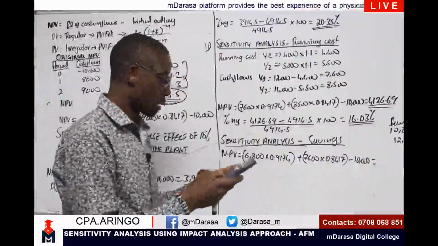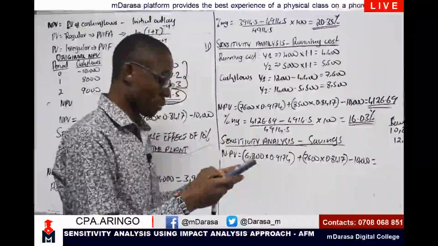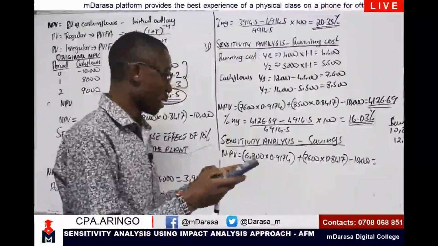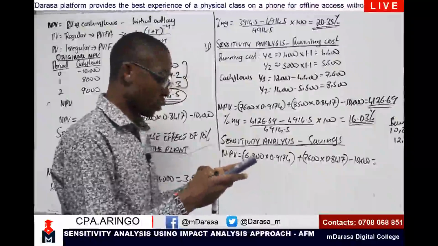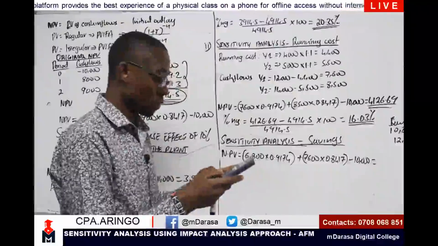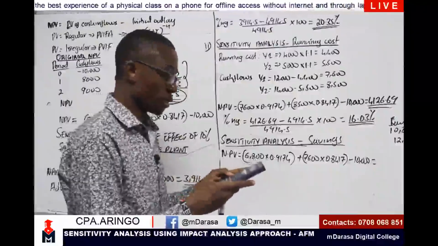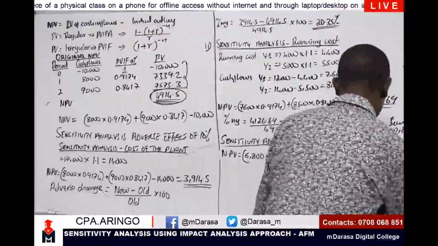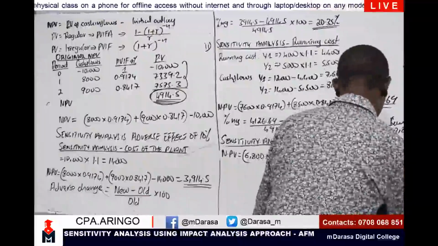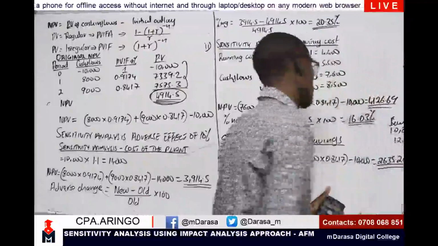I should be having 6,800 by 0.9174. We add 7,600 by 0.8417. We less 10,000. This should give us our new NPV to be 2635.24. Our new NPV, right?